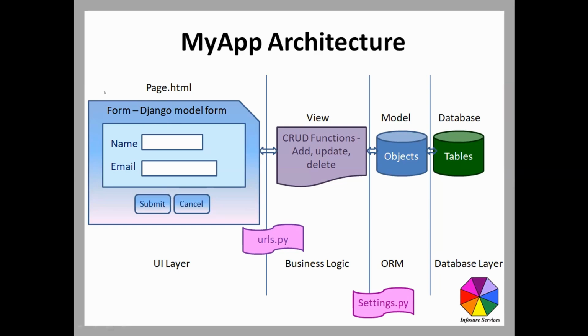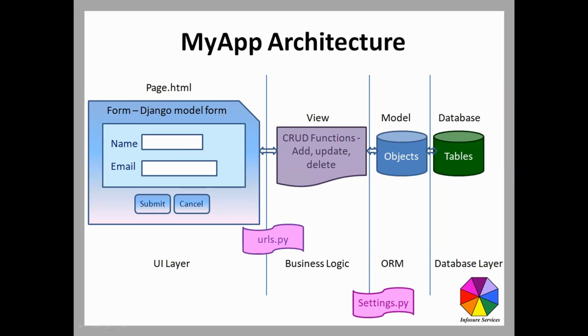So inside the page, page.html can have an HTML form. Whereas what Django does is it creates a Django model form. So instead of knowing HTML and coding everything, when you create an object, let's say you created a contact or a product object, the model can be readily created with a form called the Django model form.